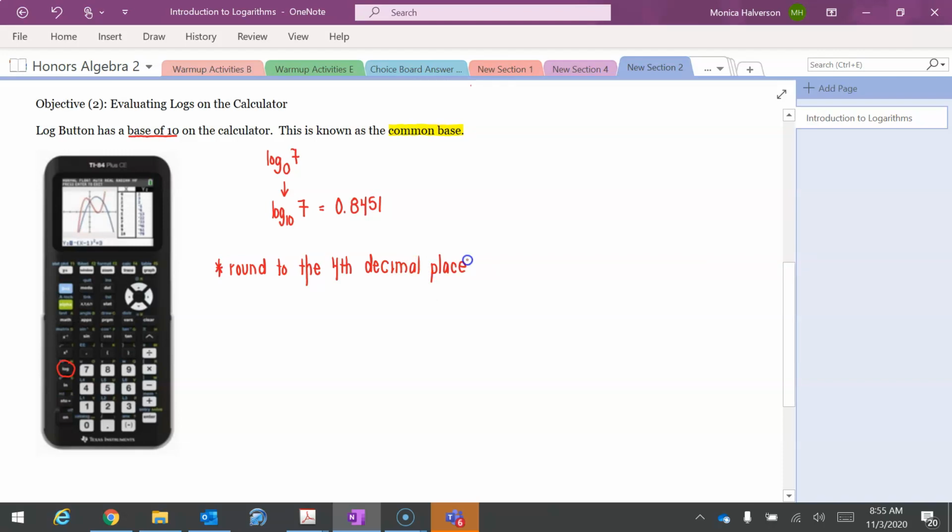Okay? Now, very, very important. You can only use this button if you have a base of 10, if you have a common log, which once again is a base of 10, which once again will not be written when given the logarithm.